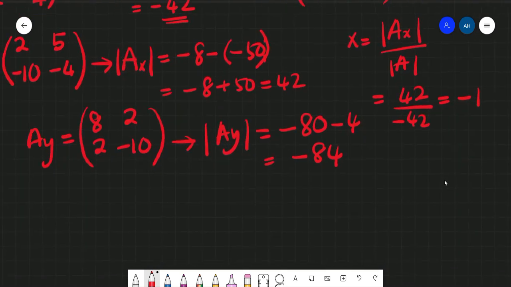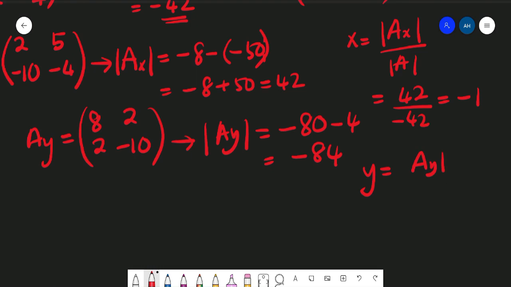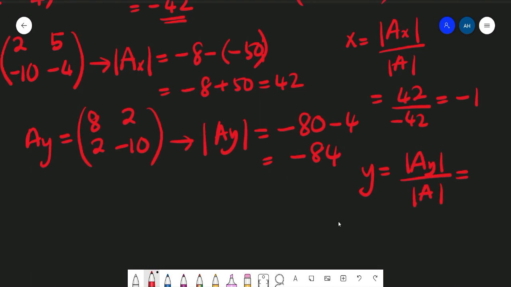Now for variable number 2, that is y equal to the determinant of Ay divided by the determinant of A. And we already have the determinant of Ay, negative 84.